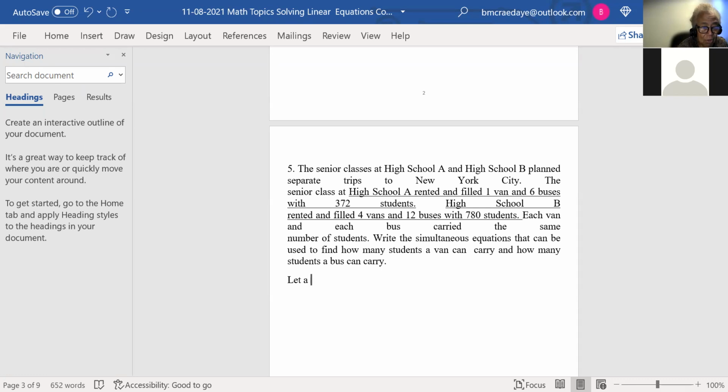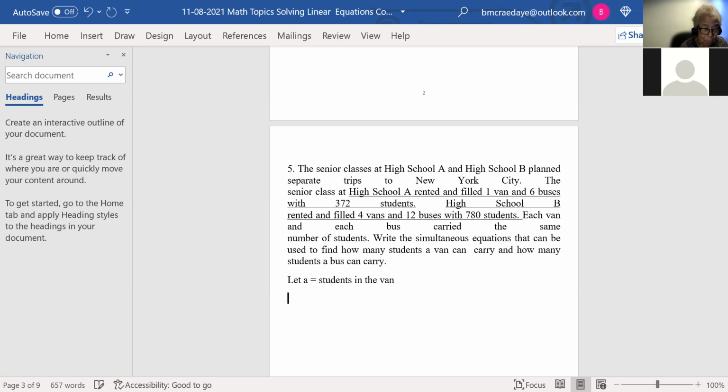Now, you're trying to find these simultaneous equations to find how many students a van can carry and how many students a bus can carry. So you used A to represent what? It has to represent the vans. No, the students in the van. Right? Let A be the students in the van.